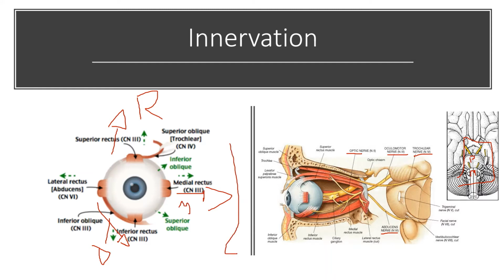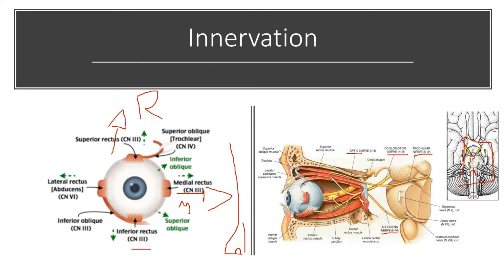So the oculomotor is those movements, cranial nerve number 3. Inferior oblique, inferior rectus, and superior rectus are all innervated by the oculomotor nerve.